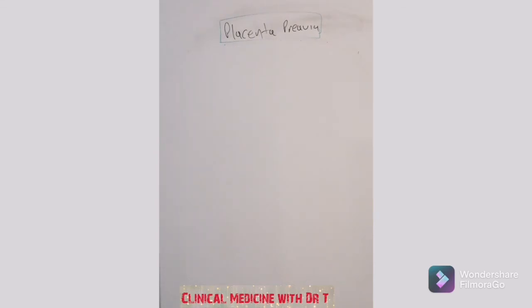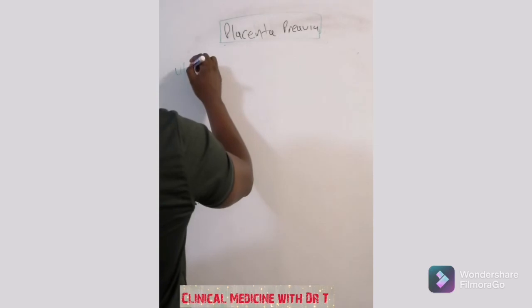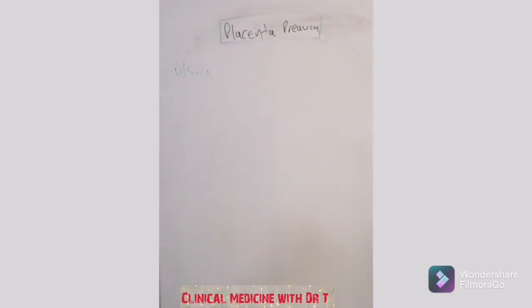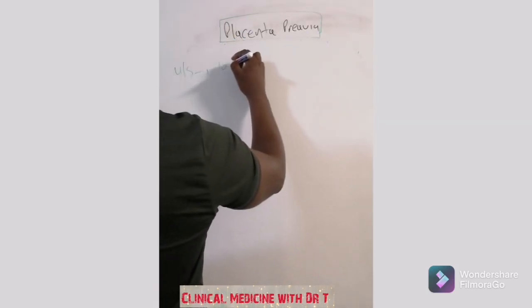So what we are learning, guys, is that when you have got a PV patient, after doing the abdominal examination, obviously we have stabilized the patient. Since we're not going to do a digital PV exam, the next thing that is important is ultrasound. But obviously the patient has got to be stable. Why do we have to do an ultrasound? First of all, we want to know the location of this placenta.